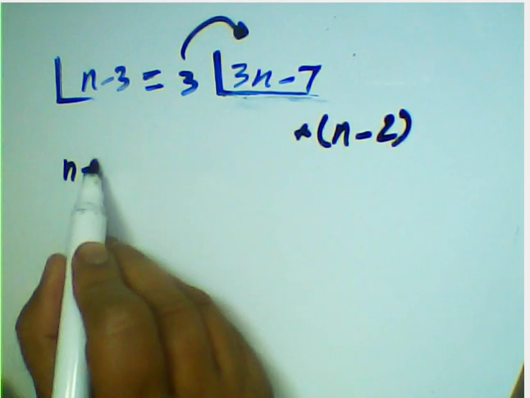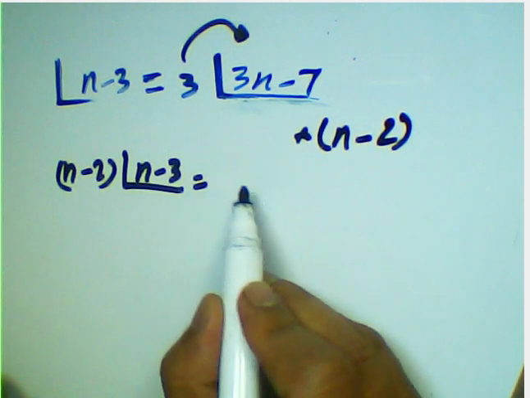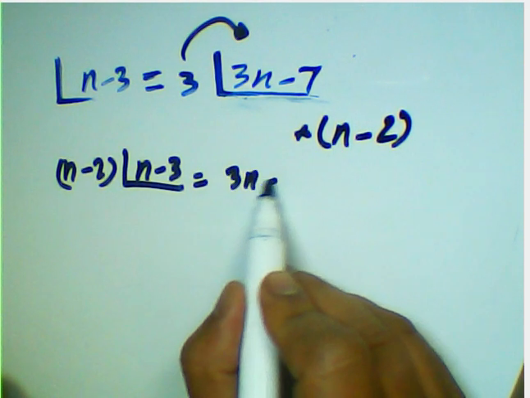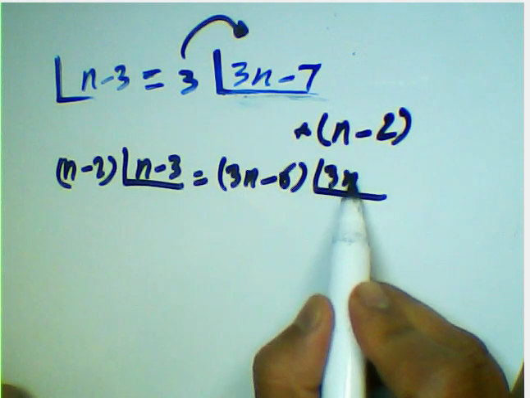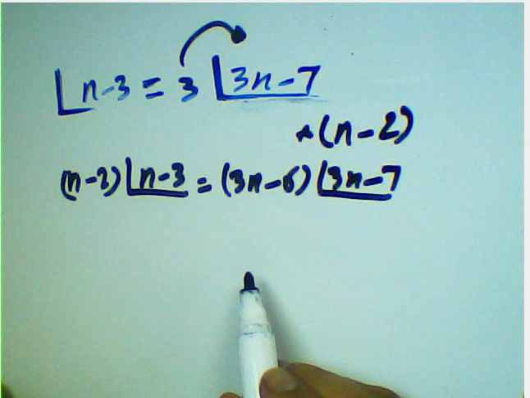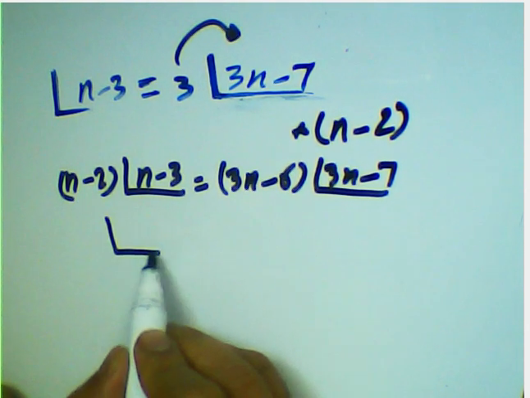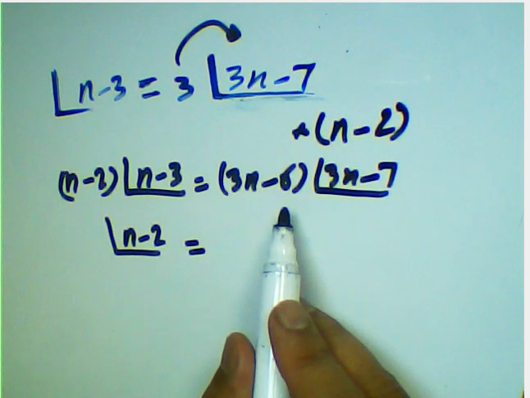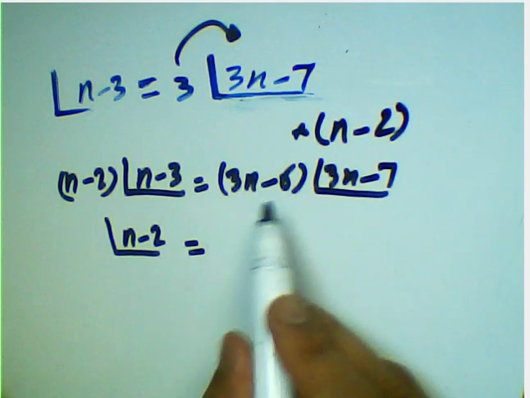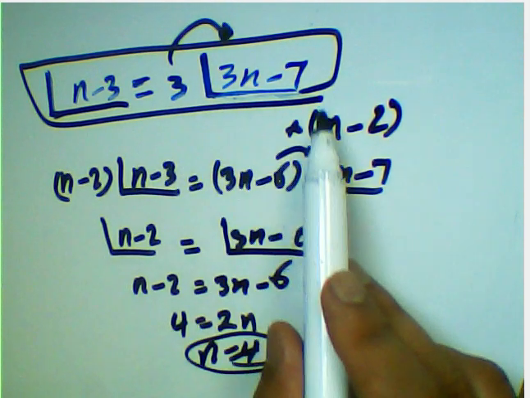The result will be n minus 2 factorial n minus 3 equal 3n minus 6 multiplication by factorial 3n minus 7. Okay, I will write n minus 2 inside here. It will be factorial n minus 2, and 3n minus 6, write this expression inside the n minus 3 equal 3 multiplication factorial 3n minus 7.